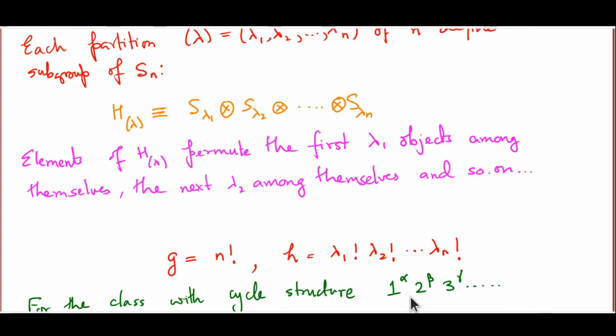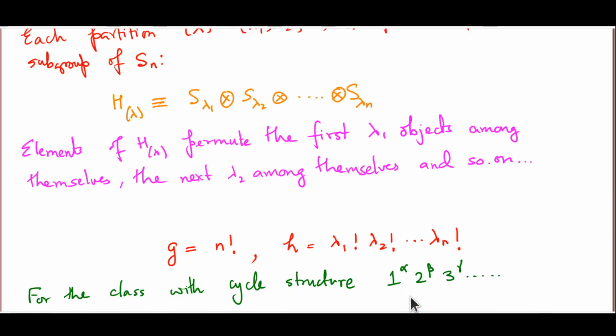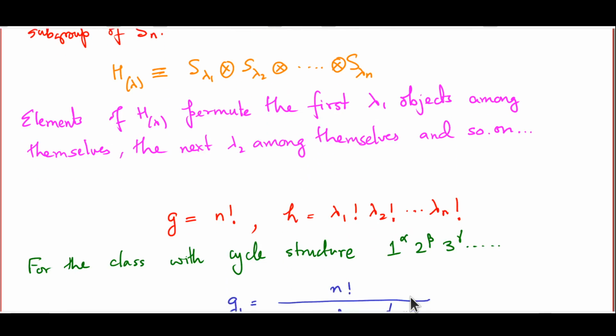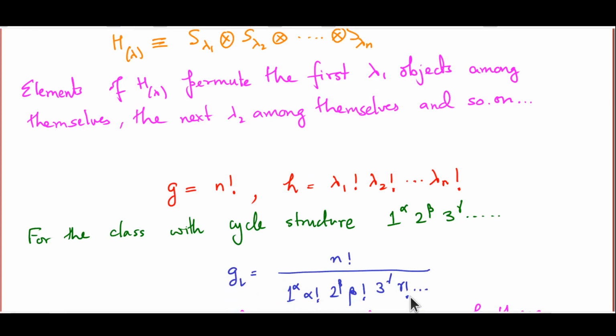So if a particular class has a cycle structure given by 1 to the alpha, 2 to the beta, 3 to the gamma, which, let me remind you, simply means that it has alpha 1 cycles, beta 2 cycles, gamma 3 cycles and so on, then the number of elements in that class, g_l, turns out to be simply n factorial divided by 1 to the alpha, alpha factorial, times 2 to the beta, beta factorial, times 3 to the gamma, gamma factorial and so on. Now this is the result which we had derived earlier.